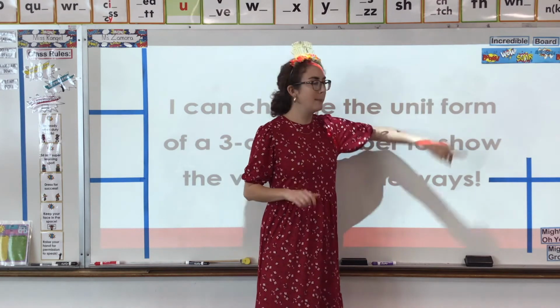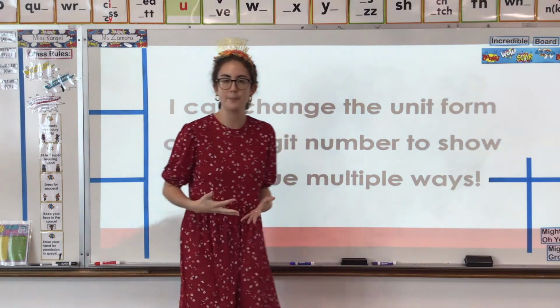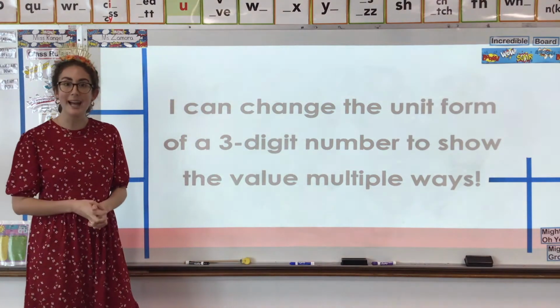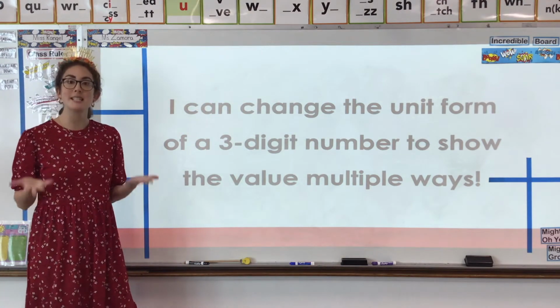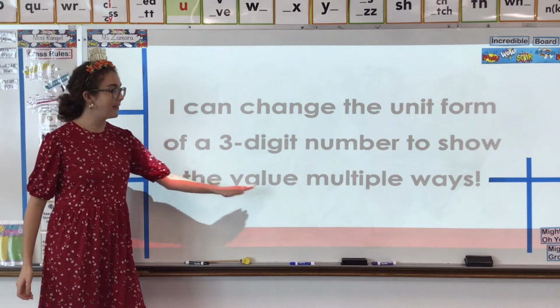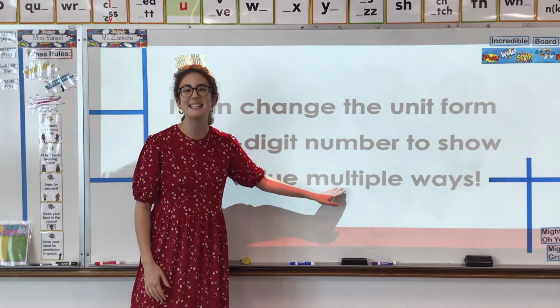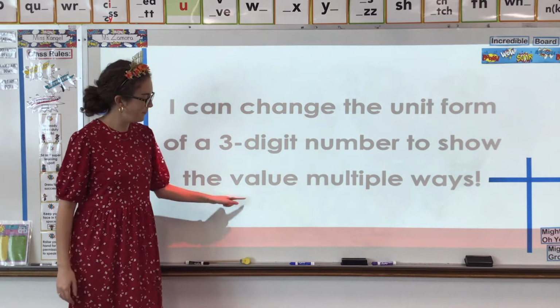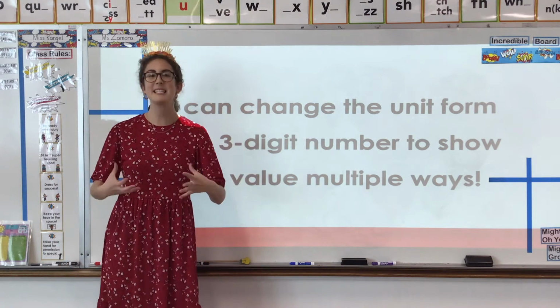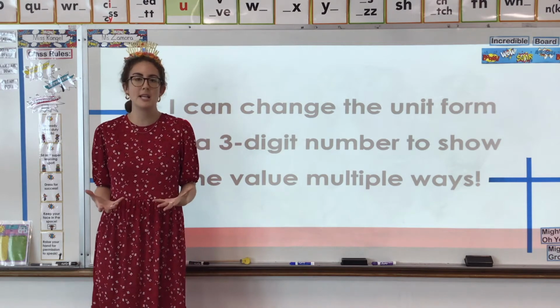So today we're going to be mixing up the unit form. And what that is going to do, it's going to tell us and show us that the value of a number can be represented and seen multiple ways. So the value is how much a number is worth.